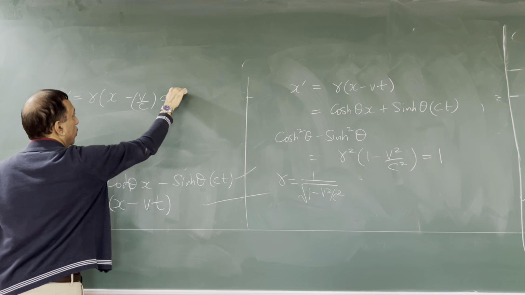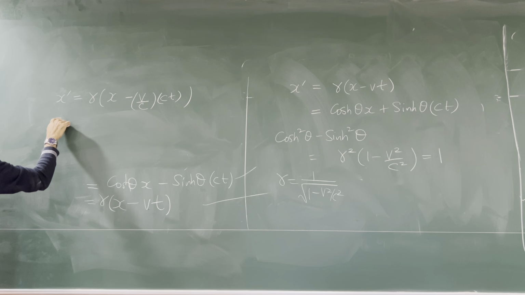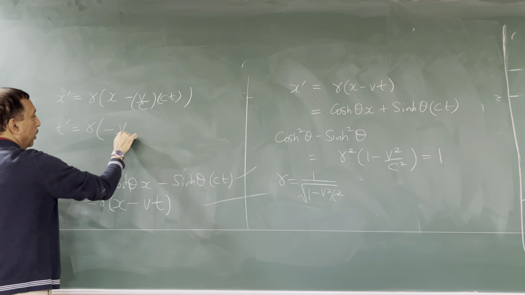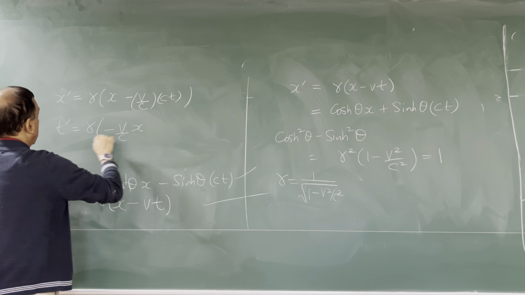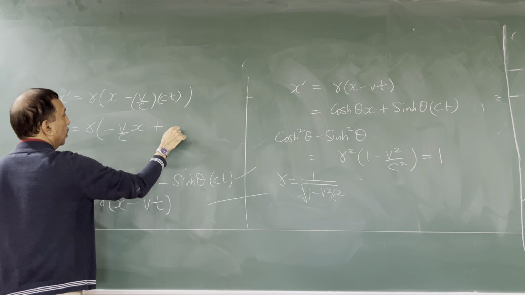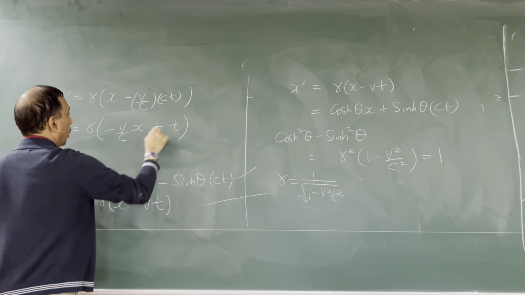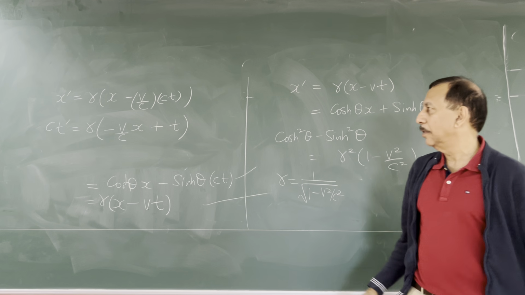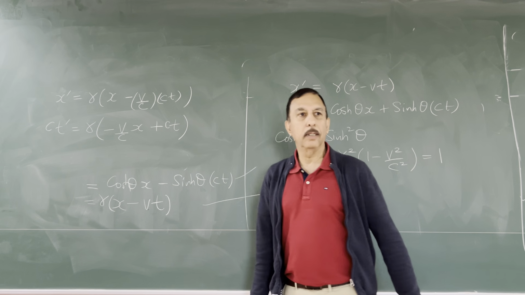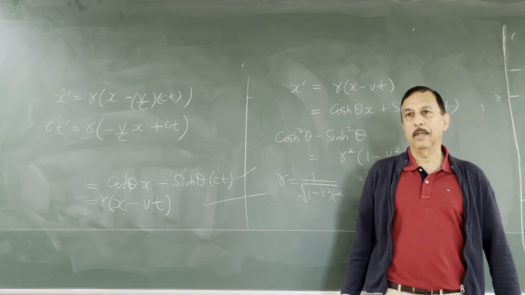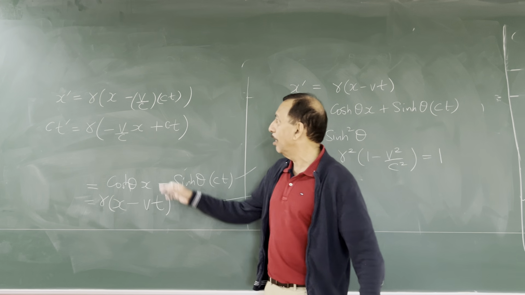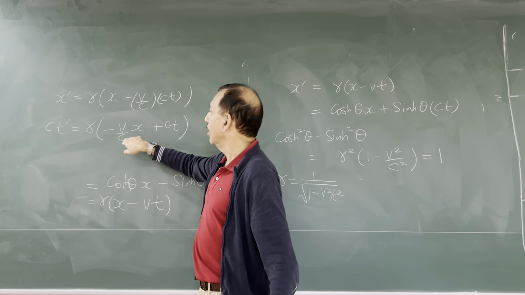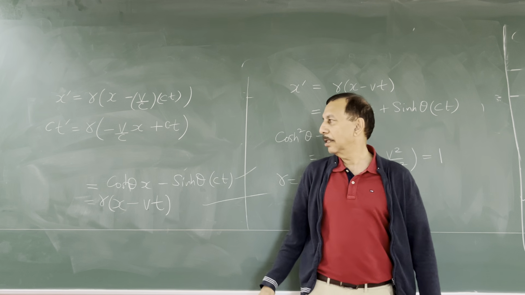It's convenient to write it this way, but it's just vt, and ct prime also becomes gamma times (ct minus v by c x). And these you should recognize are nothing but the Lorentz transformations, which you have memorized, I'm sure. If you divide c from everywhere, you'll see that this is gamma (x minus vt), and this is gamma (t minus v by c squared x). It's exactly the Lorentz transformations.